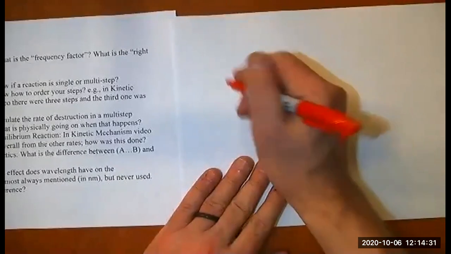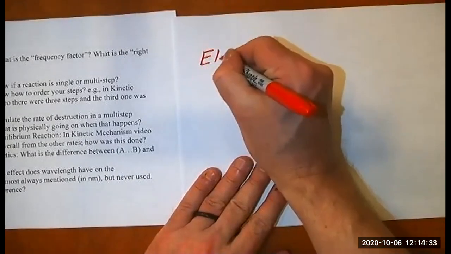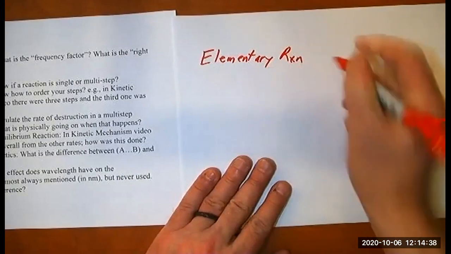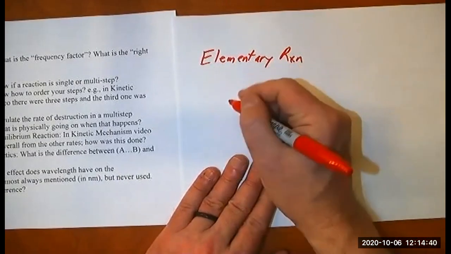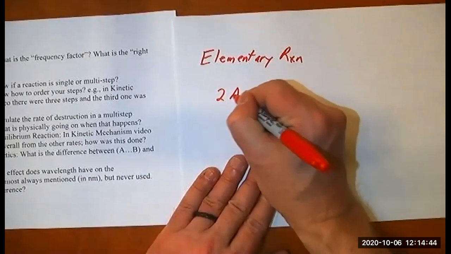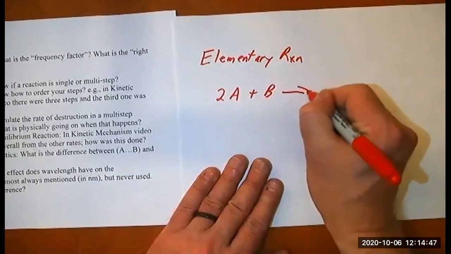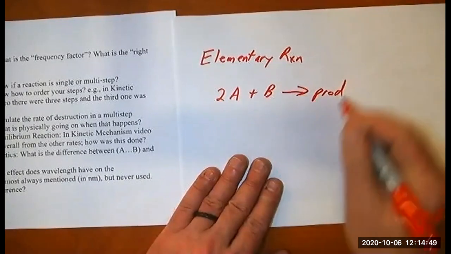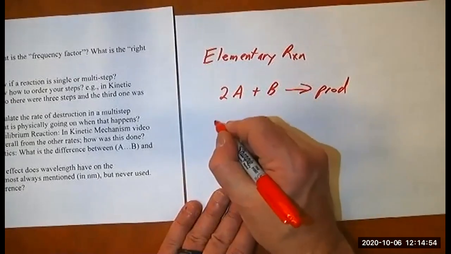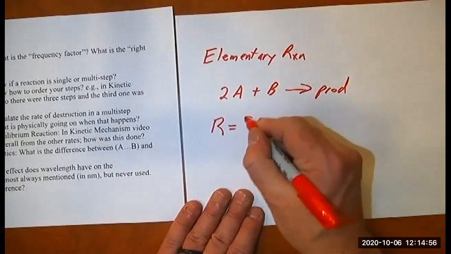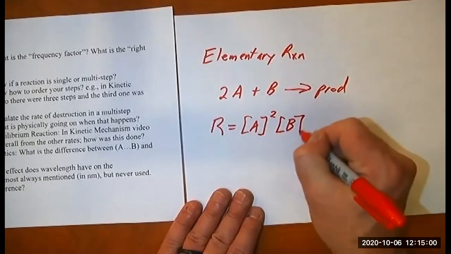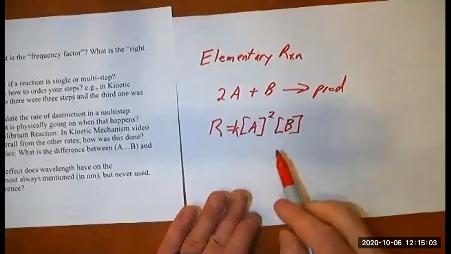So one of the things that we developed in looking at collision theory is that when you have an elementary reaction, something like 2A plus B goes to products, then because it's an elementary reaction, we can write down the rate law for this step as concentration of A squared times concentration of B, and I forgot the rate coefficient out in front.